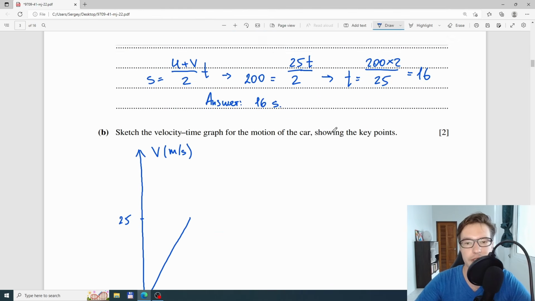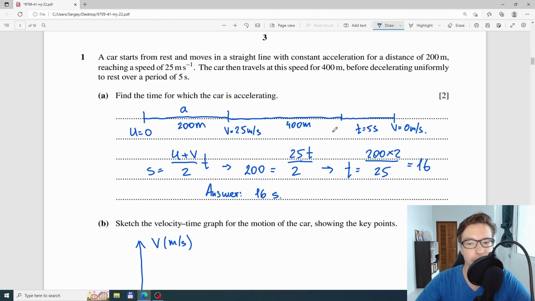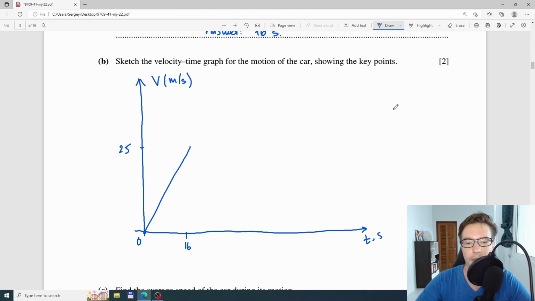Next, we continue driving with the same velocity for 400 meters. Now, how long is it going to take? Let's find it out. Distance is 400 meters and velocity is 25.